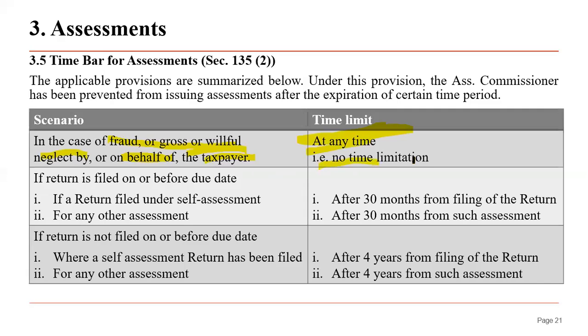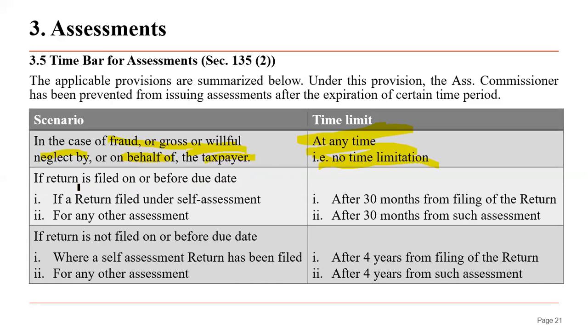Any time, no limitation. 30 months is no more applicable. They can go beyond whatever period they want. Right? 10, 15, 20, 100 years even, if it is willful evasion. Right?